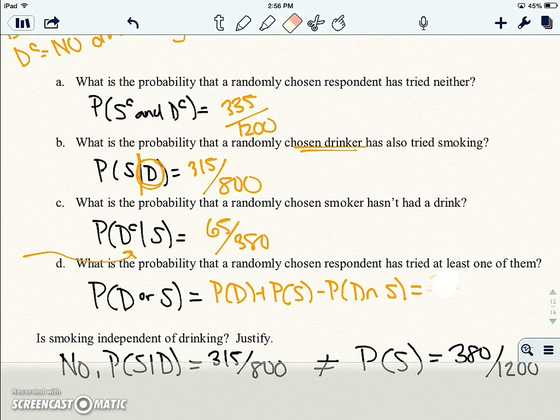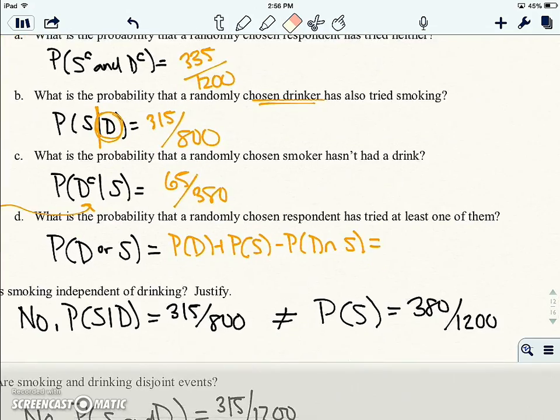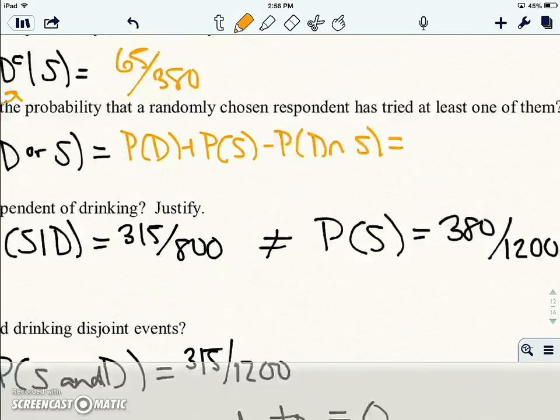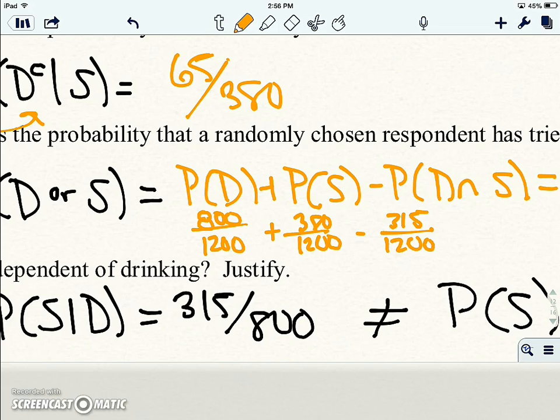Probability of drinking is 800 out of 1,200. Probability of smoking is 380 out of 1,200, minus the overlap, 315 out of 1,200, and we get a total probability of 865 out of 1,200.